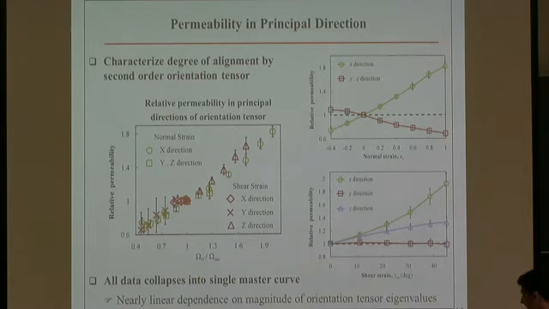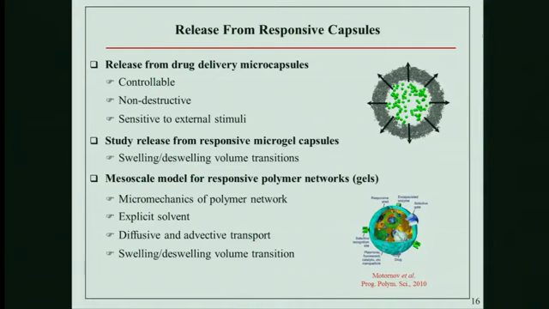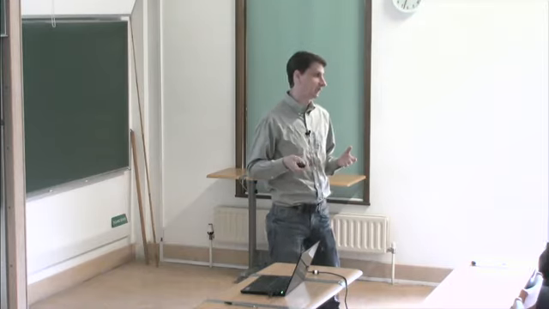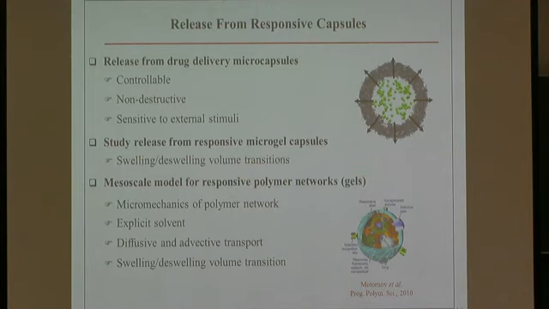Okay, so I told you that our interest was actually to understand more engineering problems, in the sense of, well, bioengineering in this case. So how can we use hydrogels or responsive polymer networks for drug delivery applications, right? And this is a simple system we're looking at. Essentially we have a hydrogel capsule, right?